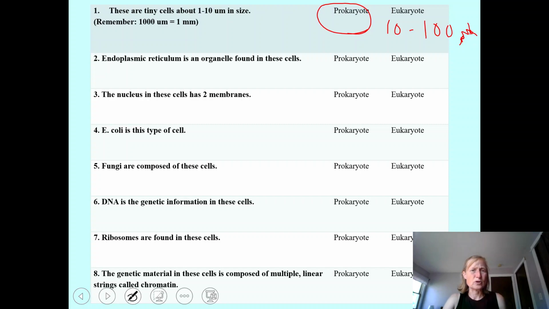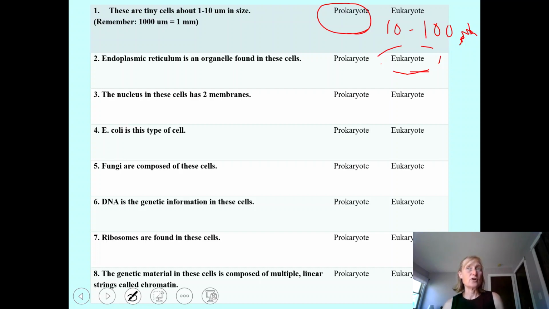Endoplasmic reticulum is an organelle found in these cells. Endoplasmic reticulum. You might not remember what that does, but it's a membrane-bound organelle. Eukaryotes have membrane-bound organelles. Prokaryotes don't. In fact, that's kind of why they have their titles. The word prokaryote means before, karya, kernel, before a kernel, before the membrane-bound nucleus.